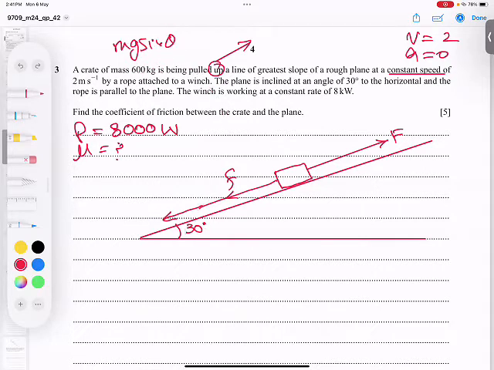If I type mg sine theta, so m is 600, gravity is 10, sine 30. As a teacher, I know sine 30 is half. Half will cancel this 5. And if I type this only in a calculator, 6,000 into half, it gives us 3,000. So this mg sine theta is 3,000.